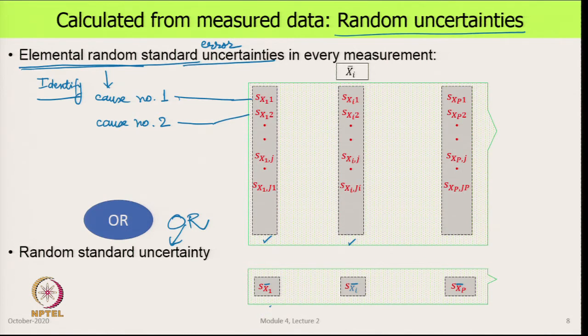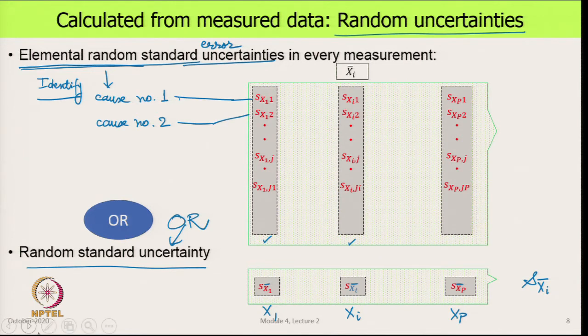So, in each measurand x1, xi, xp, we have calculated the random standard uncertainty or the random standard error. So, this gets us to half the story where we have calculated all the xi bars.